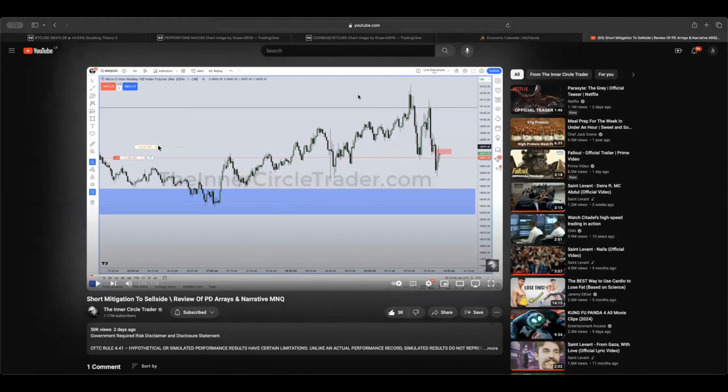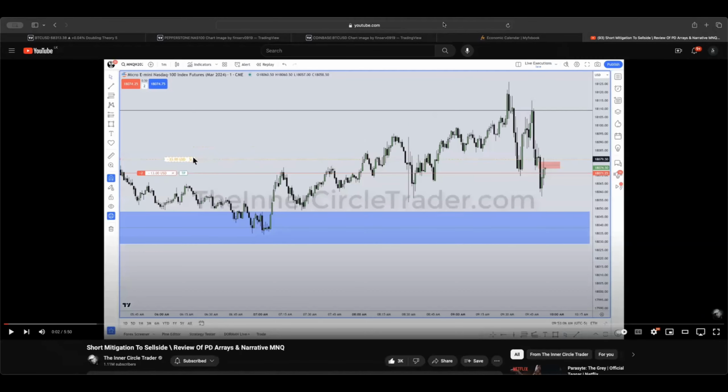Okay, look at this right here. Now look at how we have this low, which is the New York session current low, New York session high.